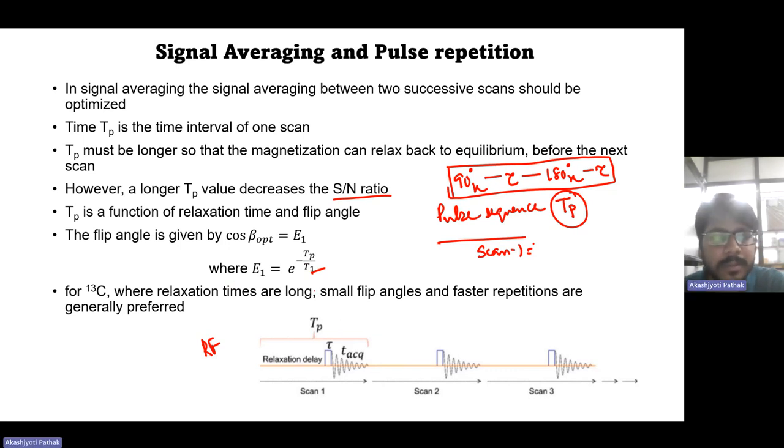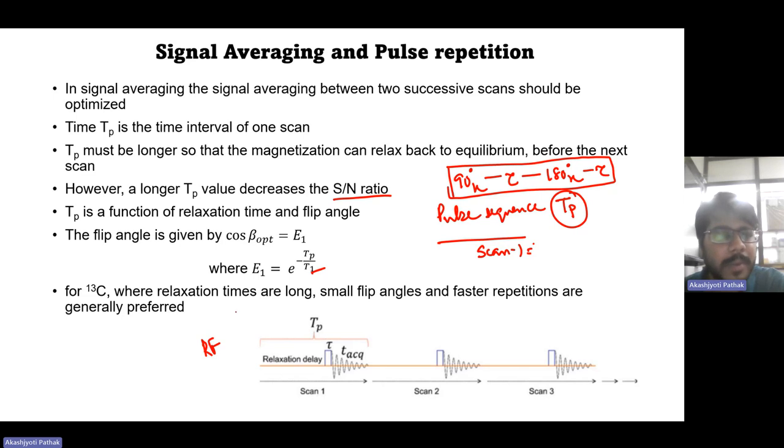Okay, so different nuclei will have different relaxation times, and based on the relaxation time, we can accordingly optimize this T1 value, and we can optimize the TP value to get the optimal flip angle, and this flip angle will give us the TP value.